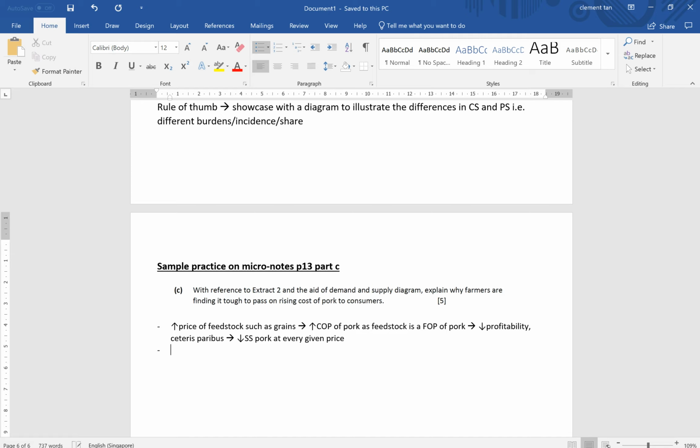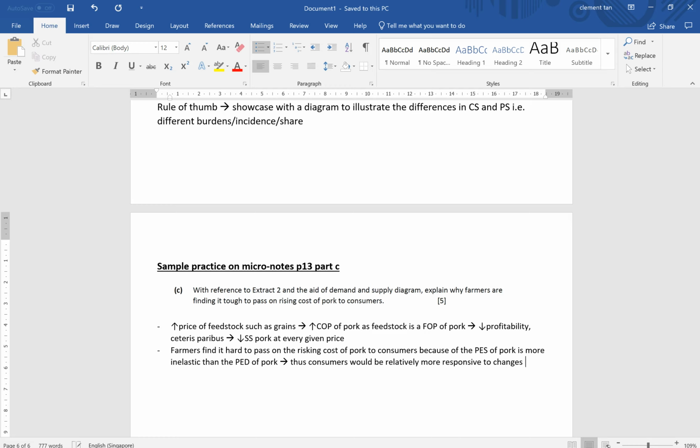So you just need to write, farmers find it hard to pass on the rising cost of pork to consumers because the PS of pork is more inelastic than the PED of pork. Thus consumers would be relatively more responsive to increase in price.